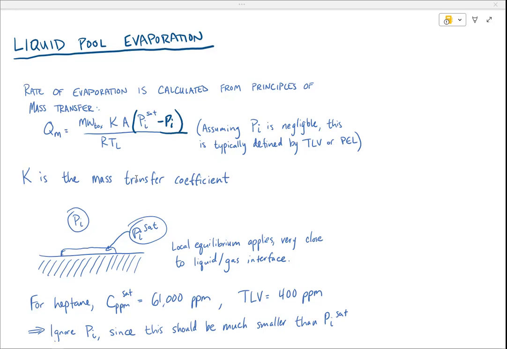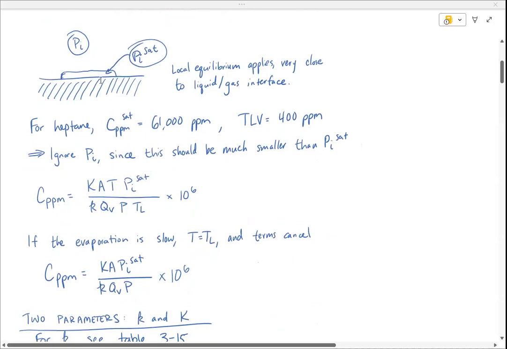Again, this is a diagram from the side of what it might look like. We'll assume that very close to the liquid gas interface, we have a local equilibrium. We're probably never going to get to the situation where the entire room is in equilibrium, because that would involve a lot of the toxicant evaporating, and that would be a very bad situation regardless.